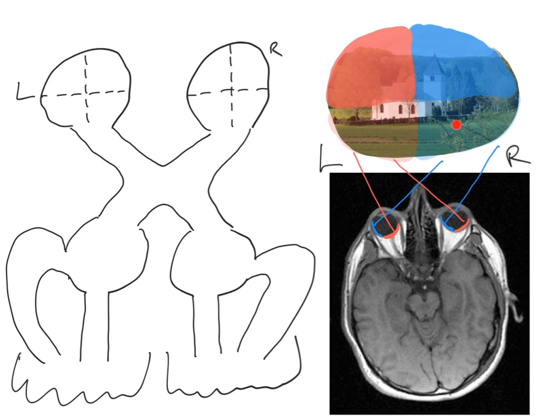Okay? And what that means is that the superior half of the visual field is seen by a corresponding inferior half of the retina. So the superior half of a visual field is seen by the corresponding inferior half of the retina.